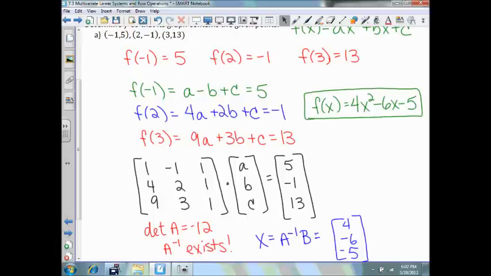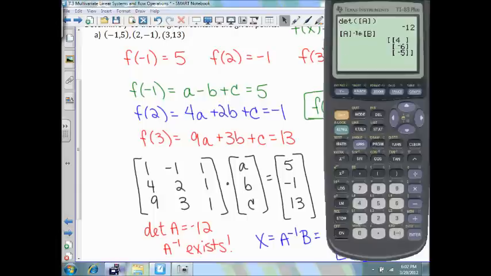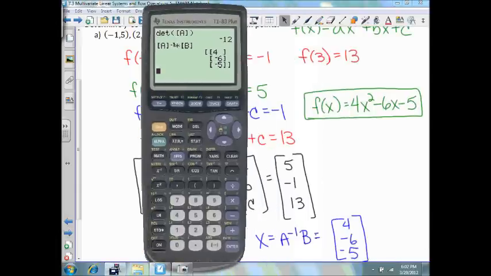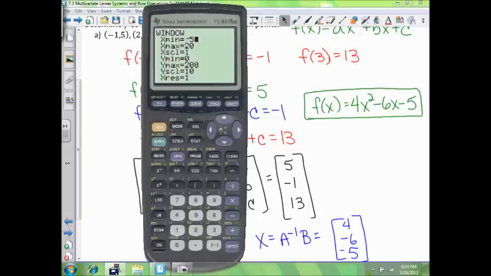Here's our equation. Now to check that, to make sure everything's kosher and these points actually fit, put this into y equals 4x squared minus 6x minus 5. Our x window we can make -5 to 5, and the y window we can make -10 to 20.